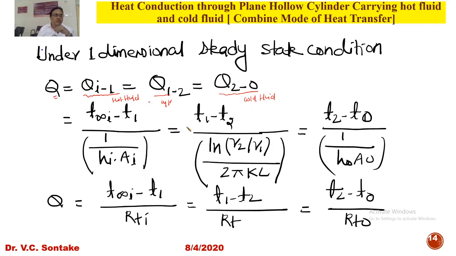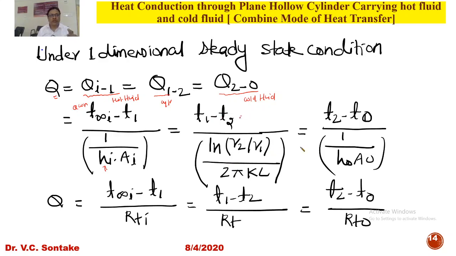Now Q i-1 is the rate of heat transfer from hot fluid to the inner surface. So that will be by convection. It can be given by T infinity i minus T1 over 1 upon h_i into A_i, where h_i is the convective heat transfer coefficient of hot fluid, is equal to heat transfer by conduction through cylindrical wall.